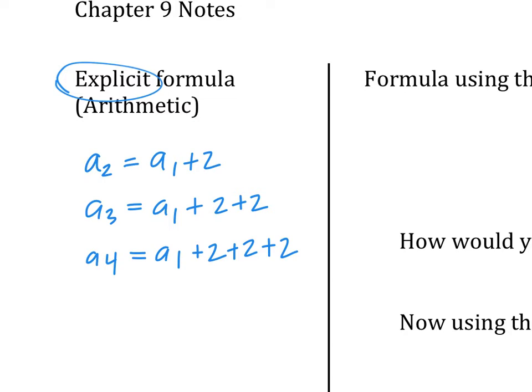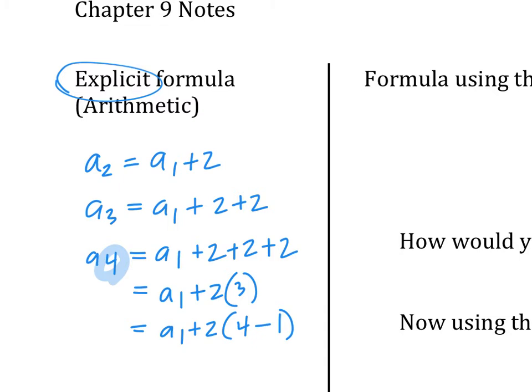So just like the warm-up. So basically, it's going to be the first number plus 2 times 3 of them. There are 3 2's. Which is going to be 2 times 4 minus 1, 4 being the n number.